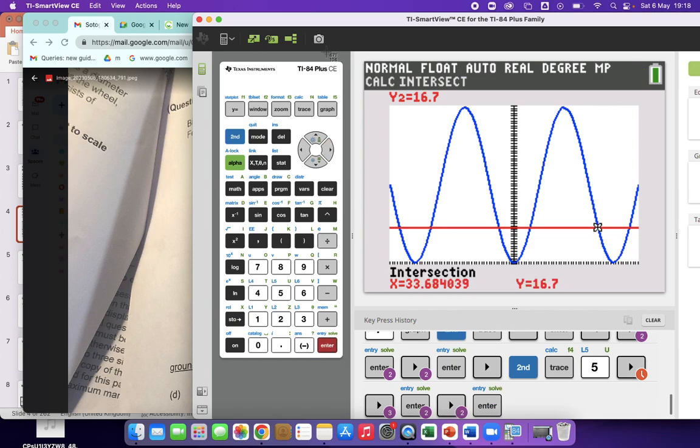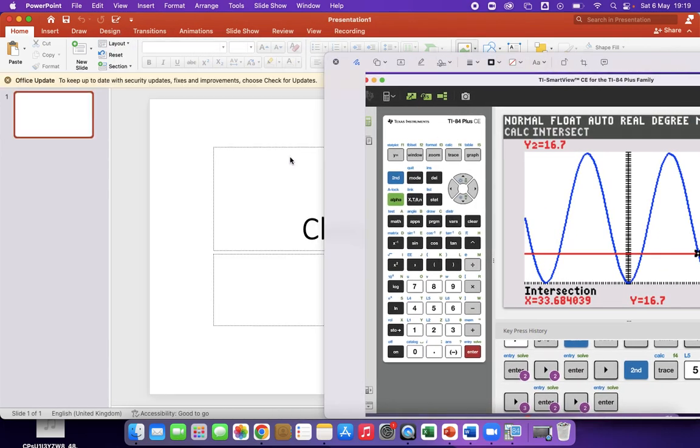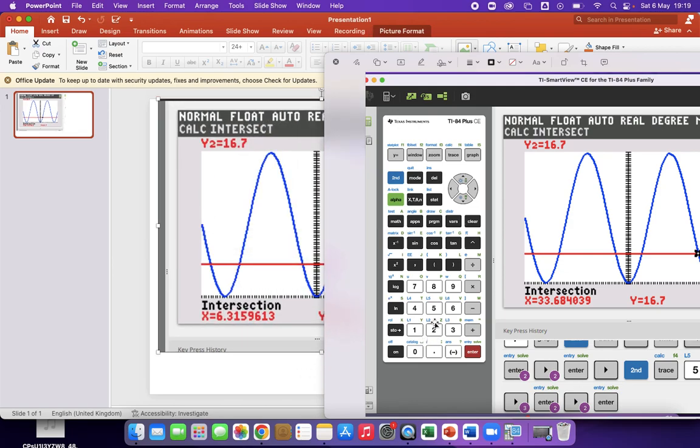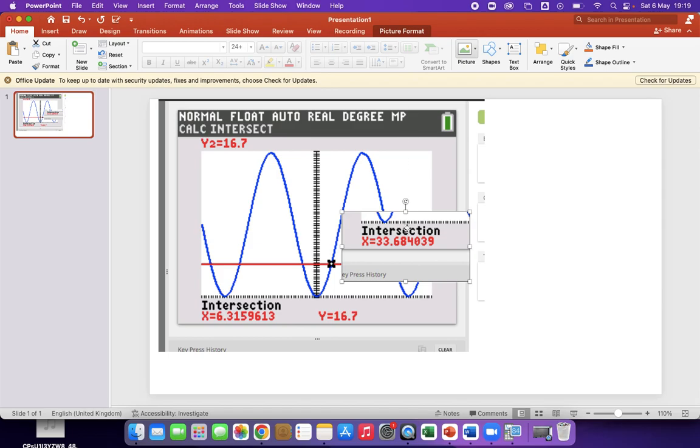And we have now got a secondary value of x. We're going to come back to this image in a moment. We're going to take both of these values, and what we're going to do is a simple subtraction. So we've got the first value of 6.31 and the second value of 33. So all you have to do is subtract one from the other.